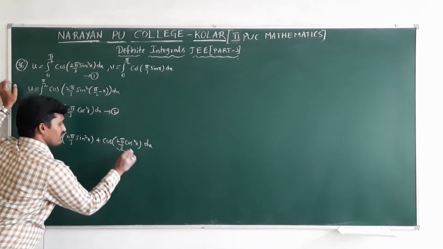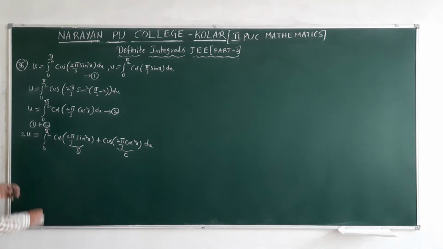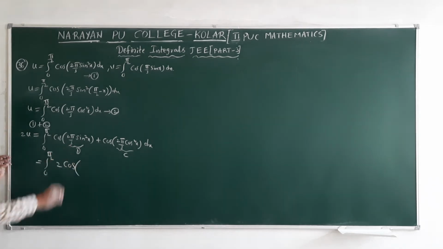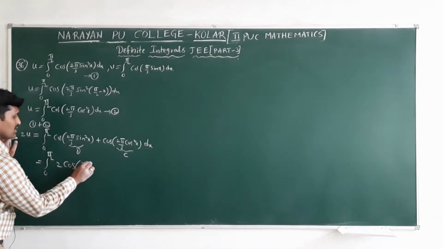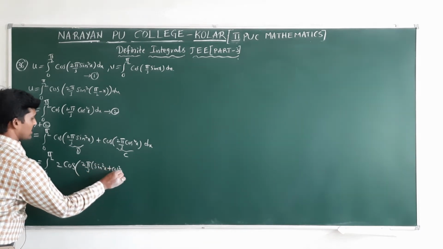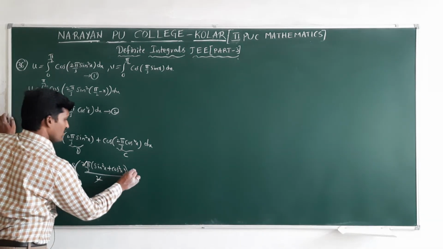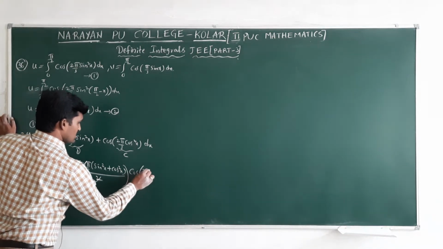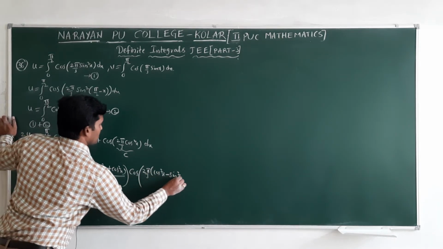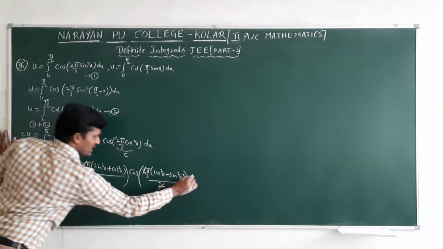This I will take as c, this as d: cos c plus cos d. What is the formula? 2 cos((c + d)/2) cos((c − d)/2). In c and d, 2π/3 is common: sin²x plus cos²x by 2, then 2 cancels, into cos of 2π/3 common, (cos²x − sin²x) by 2. Here also 2 cancels, into dx.